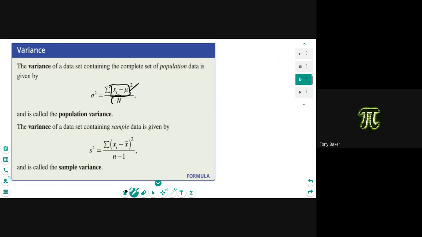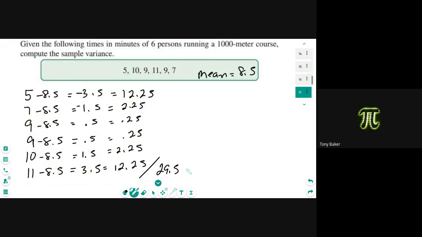And then the last step, I'm dividing by how many I have. So I'm going to divide that number by 6. And I get 4.92. So this is sample. So this would be S squared equals 4.92.